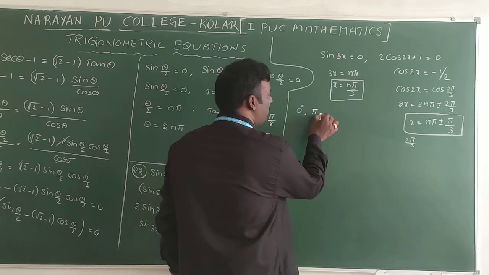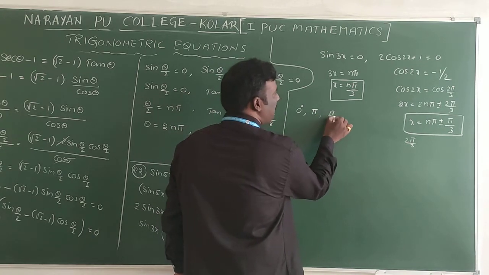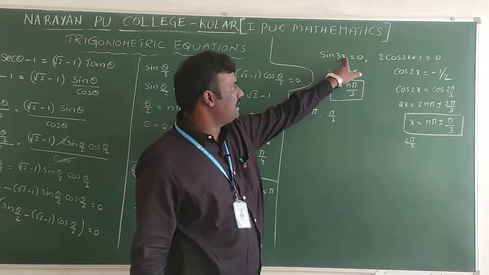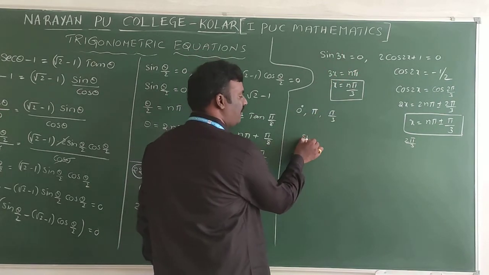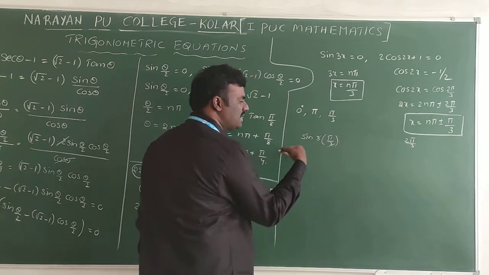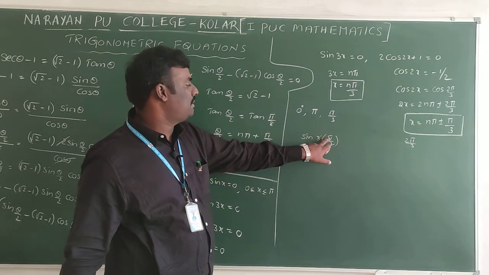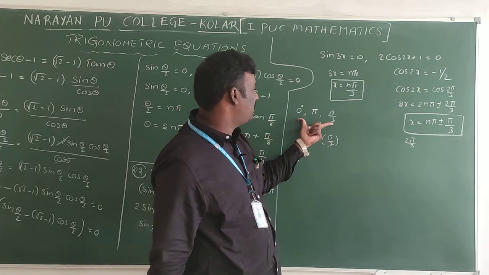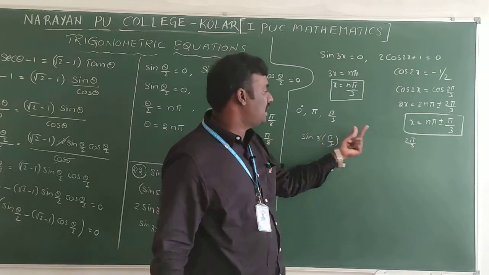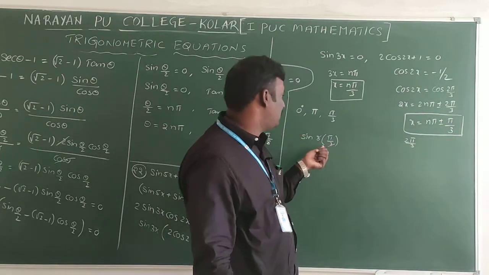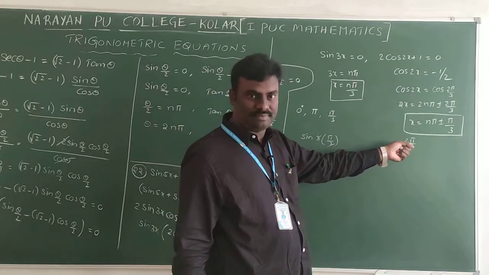Next, I am taking one more, if x is pi by 3. If you substitute pi by 3 here, sin of 3 into pi by 3, 3 gets cancelled. Now what will you get? Sin pi, again sin pi value is 0. Now here I got 3 values. Here I got 1 value. If you take minus, again pi minus pi by 3 is same, 2 pi by 3 you will get.